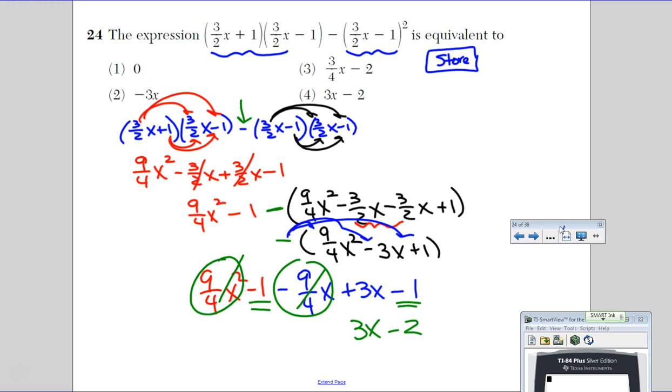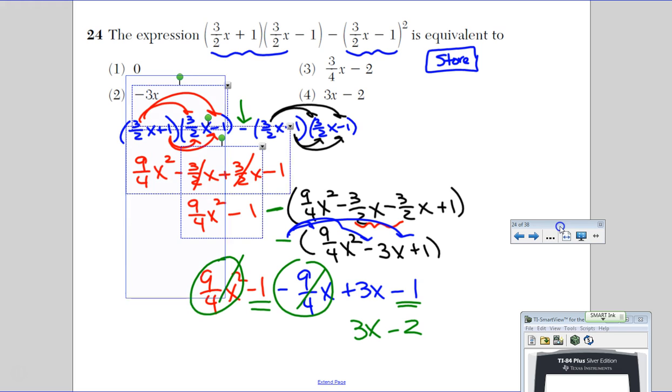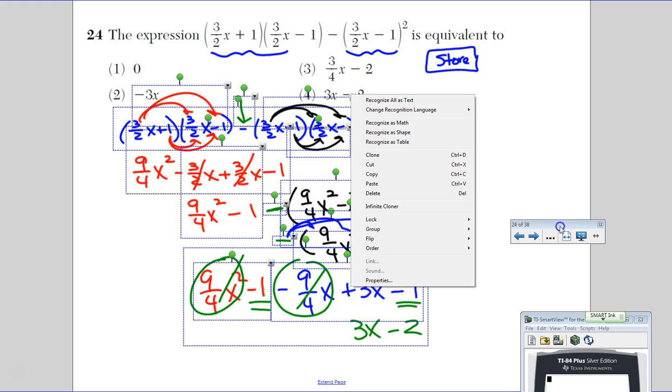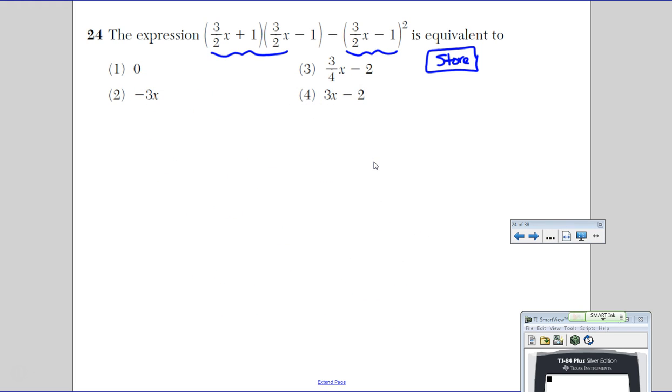I know this drawing looks very tempting right now. I'm going to actually show you that it can be done one other way that a lot of you guys probably didn't even think you could do. So I'm going to give myself some room and get rid of that. If you notice, this guy and this guy are the same.